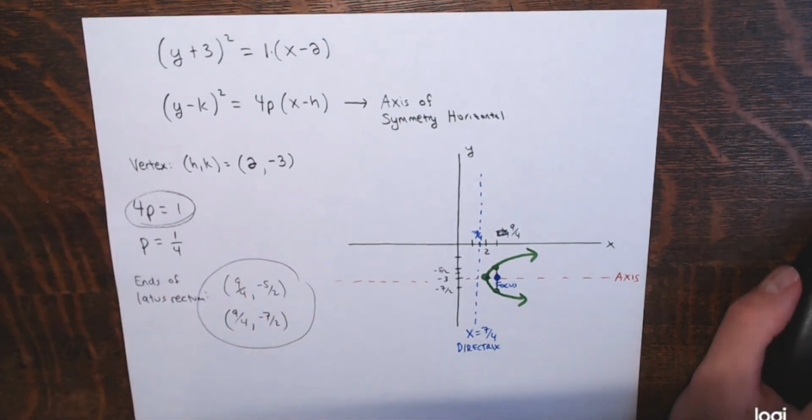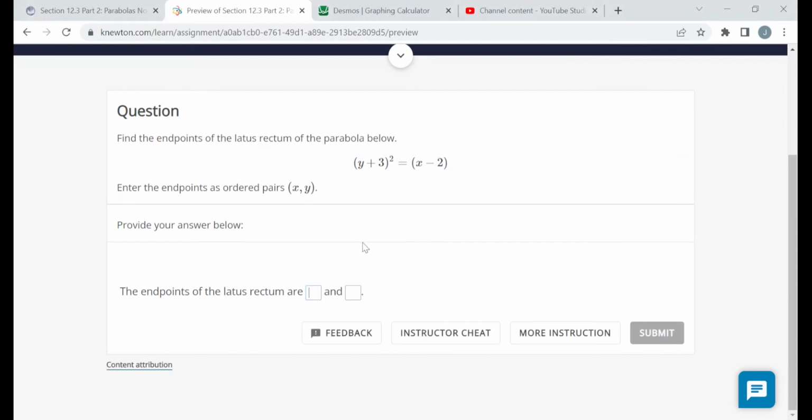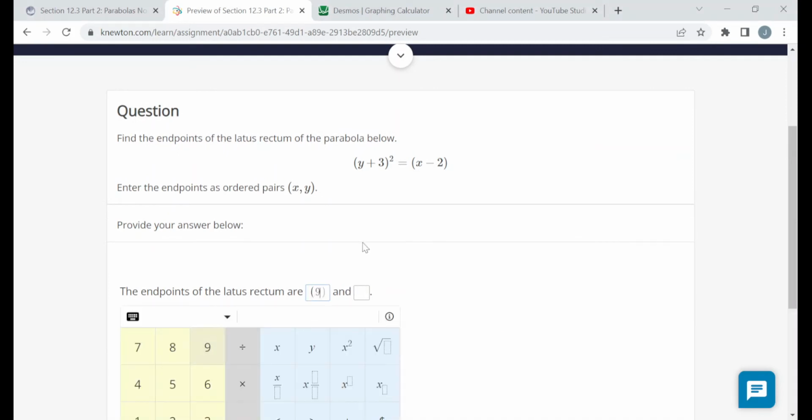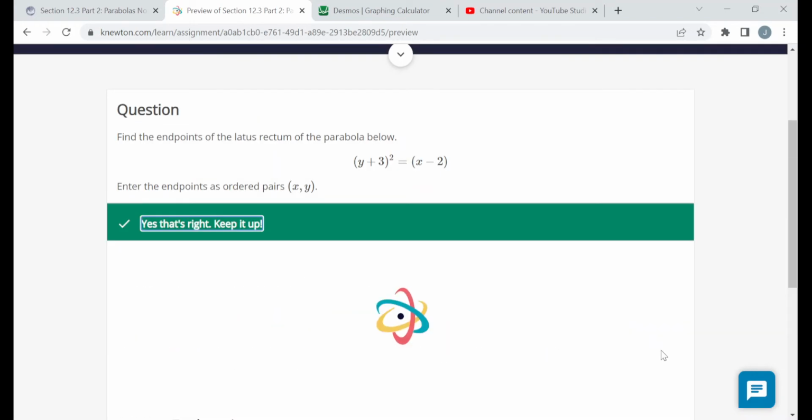Those ordered pairs. So one of them is at 9/4, comma, -5/2. The other one's at, I'm just going to copy and paste this and change the 5 to a 7. 9/4, -7/2. Wonderful.